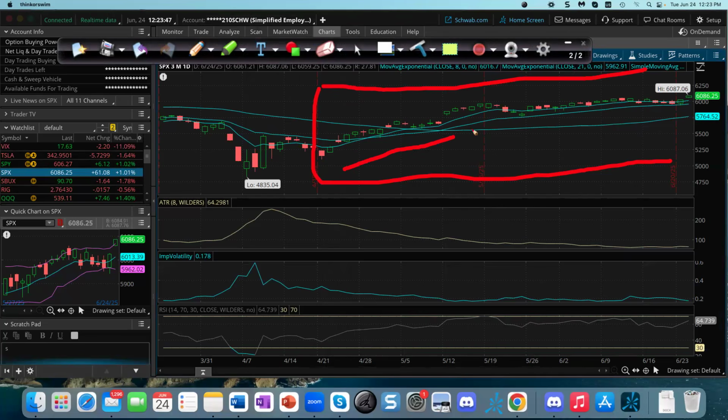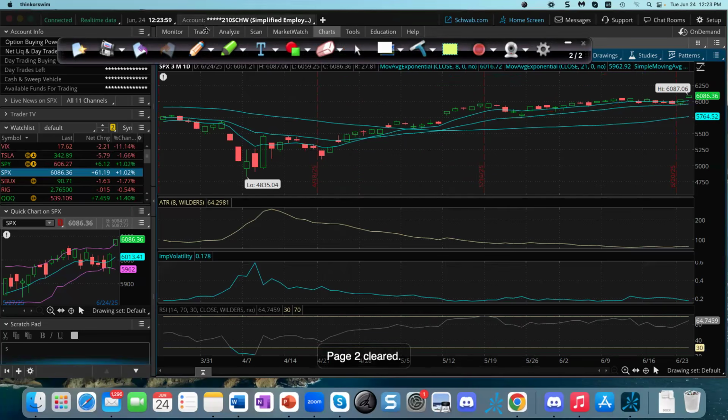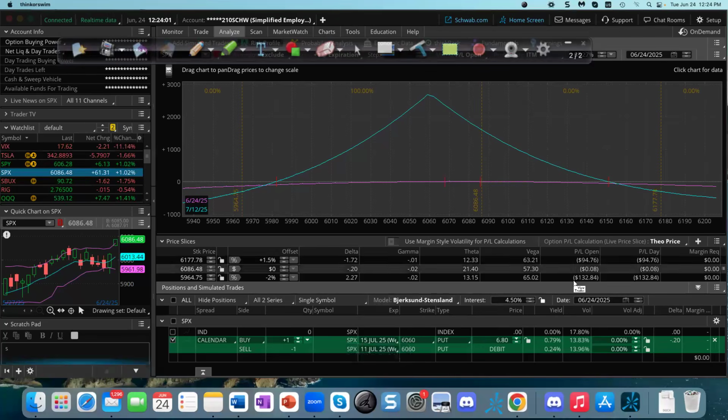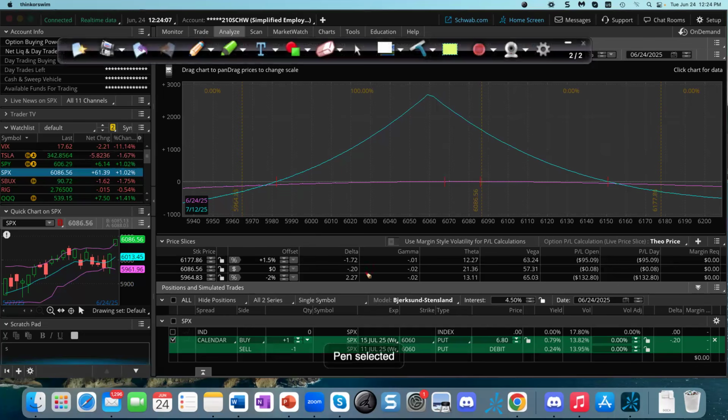From April, we're going up at a pretty good pace, and a little bit of down, and then we've been pretty smooth and range bound. But this is a trade that I like and I do on a regular basis, and we talk about it a lot. It's the calendar trade, and I'll show you how I tweak it.